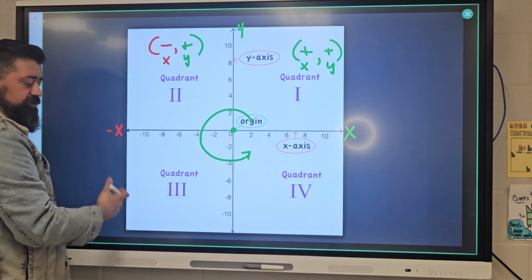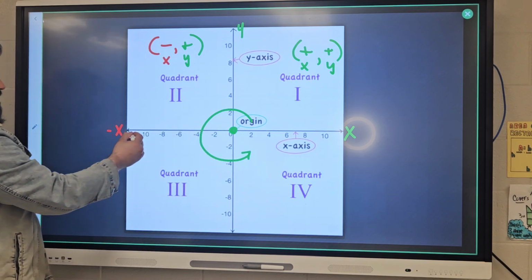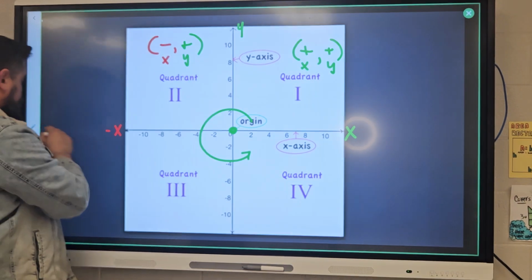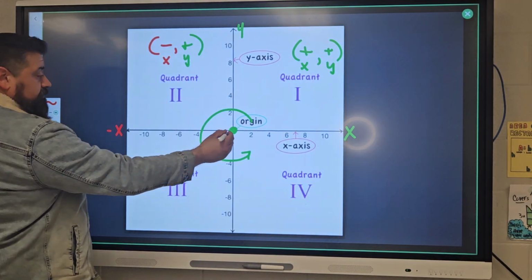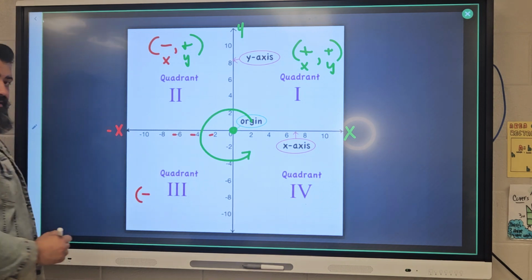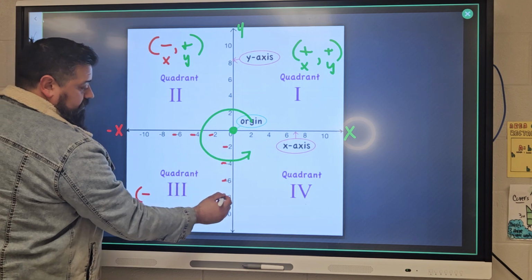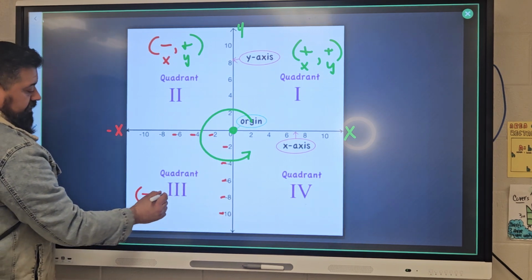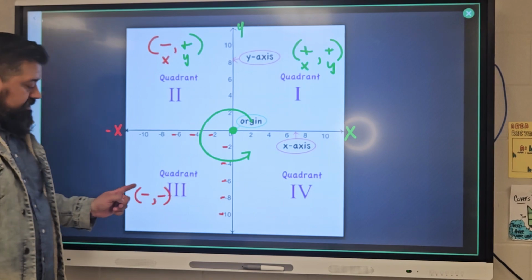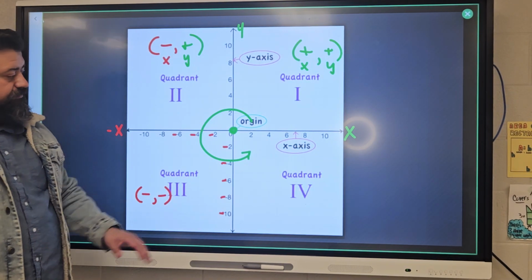Down here in quadrant 3, when you start at the origin, you have to go left and then go down. If you go left, these are all negative numbers. Then I have to go down, and these are all negative numbers as well. So it kind of looks like a sleeping man, right? Negative, negative.